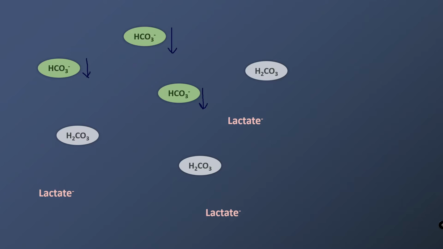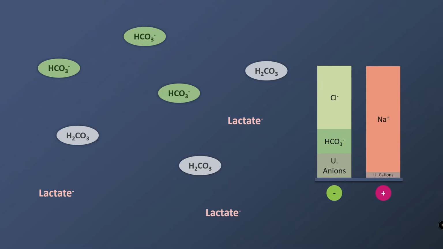But H2CO3 is neither anion nor cation. It is a neutral substance. So it means we are losing anions. So what will happen? So you see this diagram. Bicarbonate is decreasing.